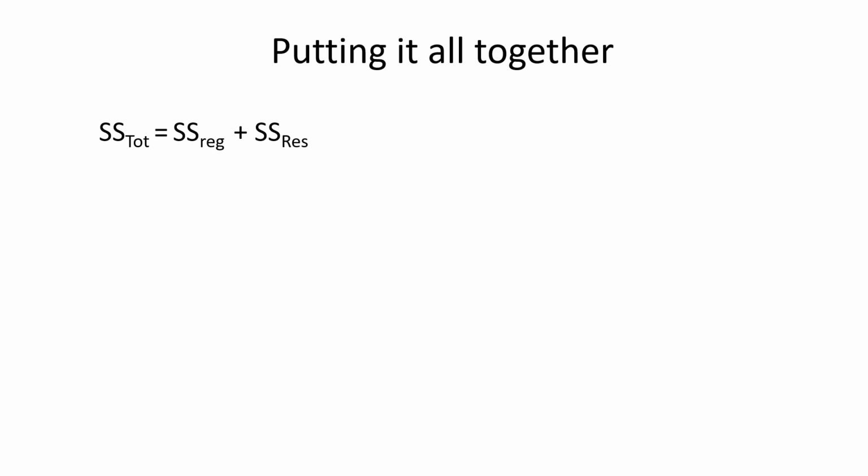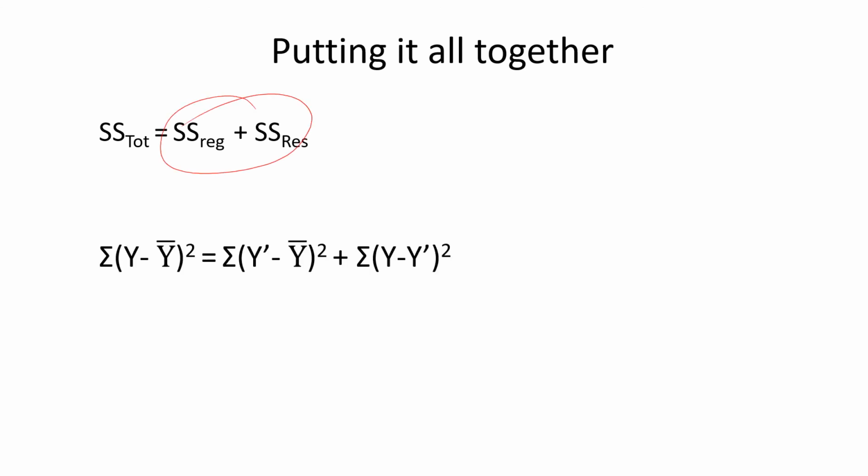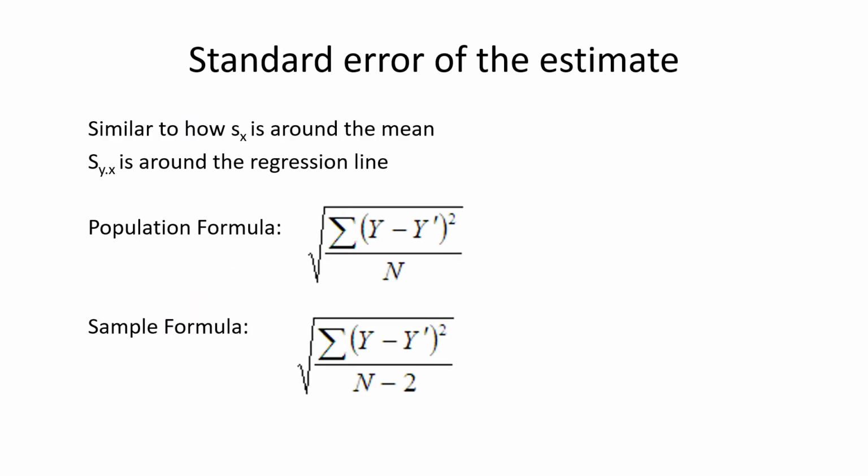And through this, since the sum of squares total equals the sum of squares regression plus the sum of squares residual, we can look at all these formulas. Now, this is again way too much for you to calculate right now, so don't worry about these formulas. I'm not going to make you do them at all, but we can utilize these formulas together, and then through that eventually get to the standard error of the estimate.